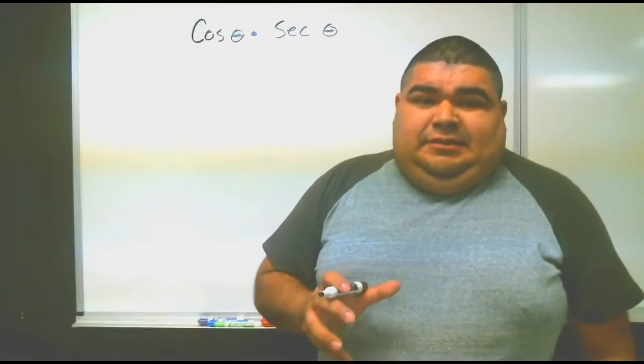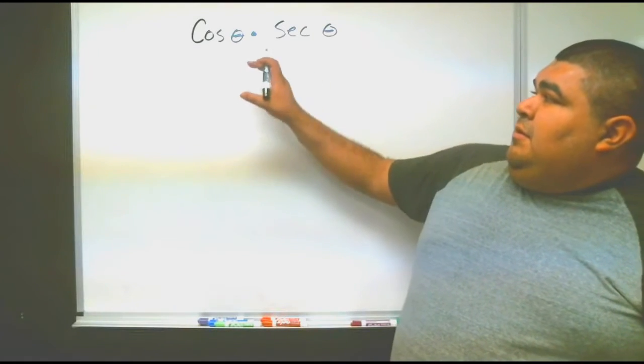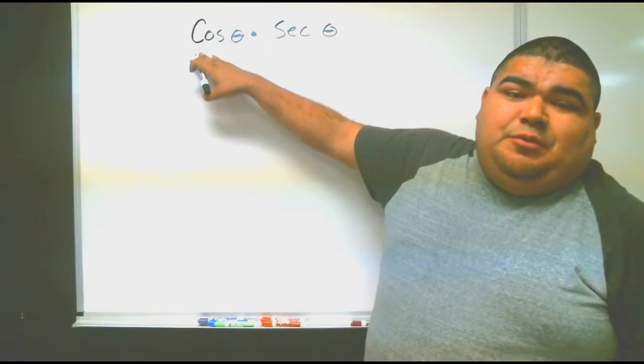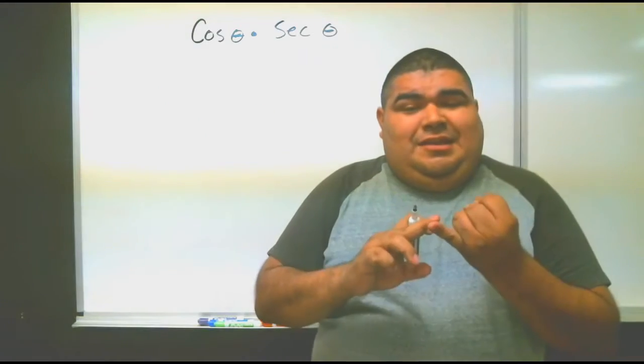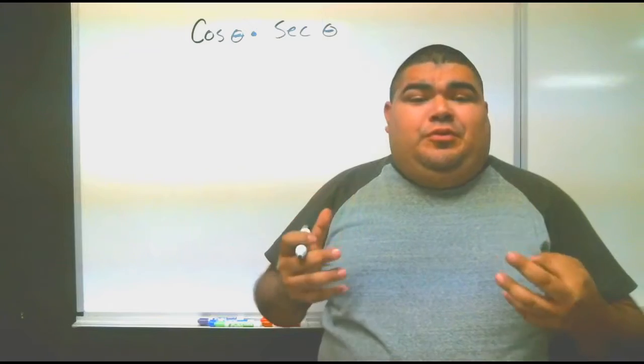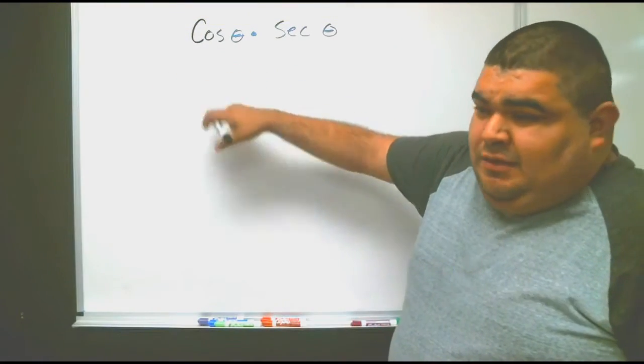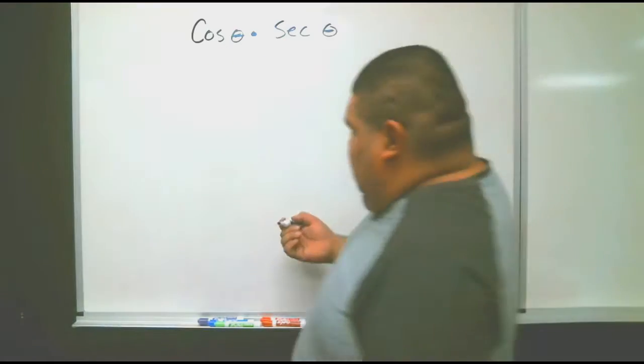If you really look at this problem, cosine is already at its purest form. When it comes to sine, cosine, and tangent, they're always at their purest form. So there's nothing really to do to cosine. So what we're gonna do is leave cosine.